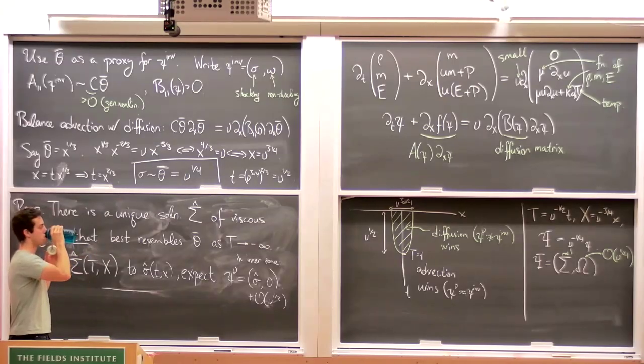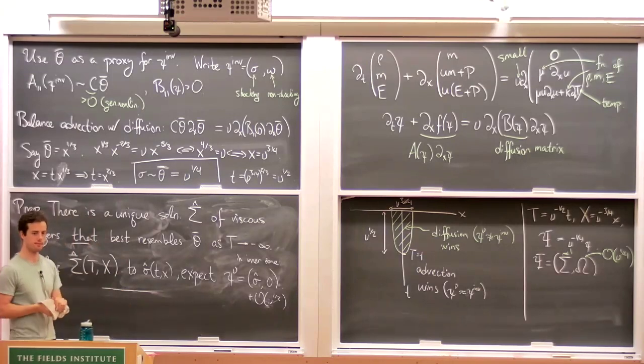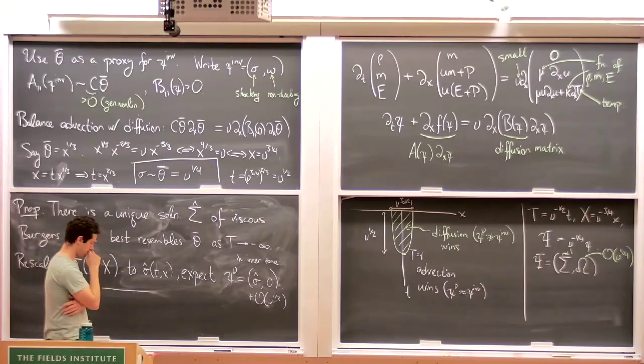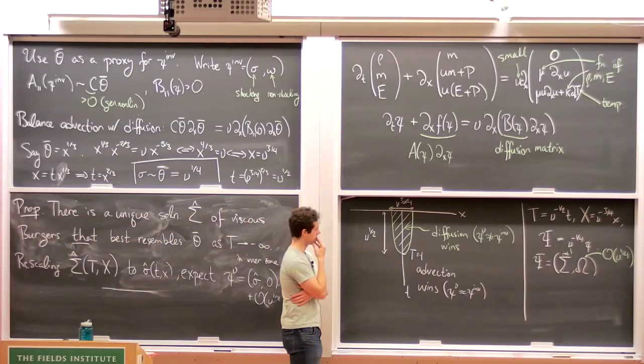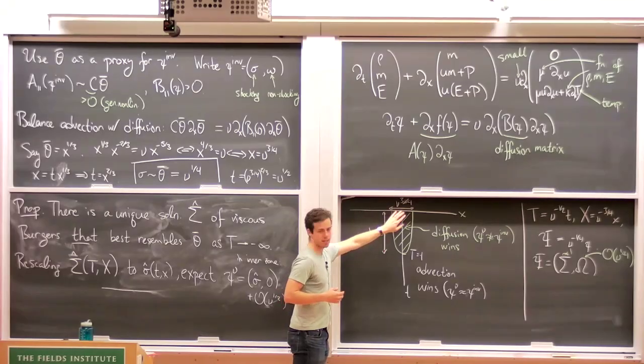Sorry, just to be clear, you want to find a viscous solution that sort of is close to the inviscid solution in the parabola. Mm-hmm. And to do this, you found a solution to viscous Burgers that looks like theta hat away from the parabola. So I don't expect the inviscid behavior inside the parabola to be an appropriate model.